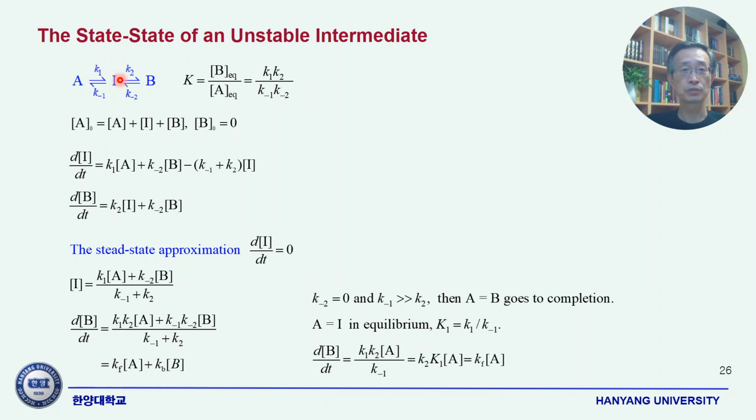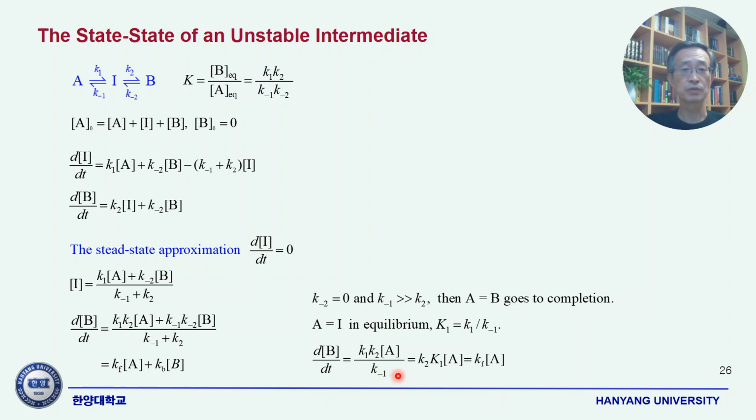And if I and A are in equilibrium, then the equilibrium constant is k1 over k minus 1. Then the rate equation reduces to, because k minus 2 is 0, there is no this term, and k minus 1 is much greater than k2, so we ignore that. And then we have k1 over k minus 1 is capital K. So now we have capital K over this term.